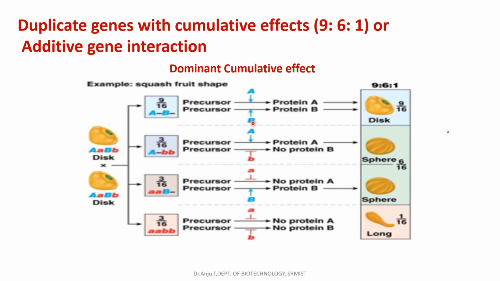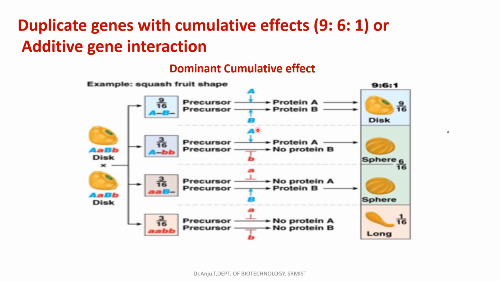B gene will also in its dominant form produce protein B. This protein is also going to produce the disc shape. So A produces the same disc shape, and B also produces this same final phenotype, same trait. So if either one is present, it produces the trait, but when both are present, it is going to have a cumulative, increased, additive effect.